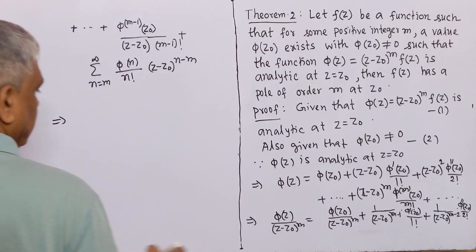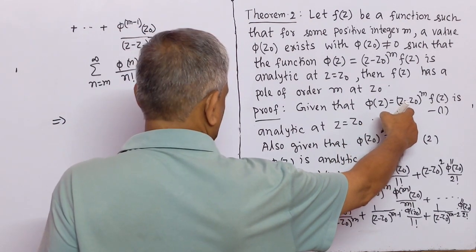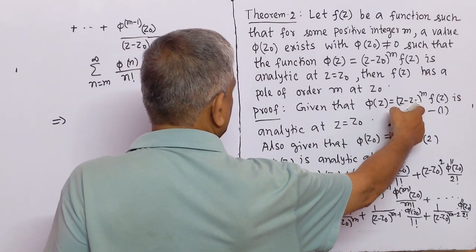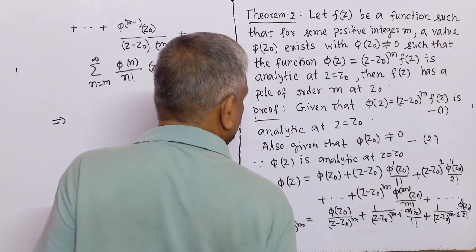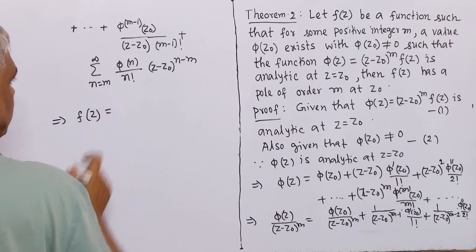This implies that the left side, phi(z) by (z minus z naught) to the power m, is f(z) using 1.